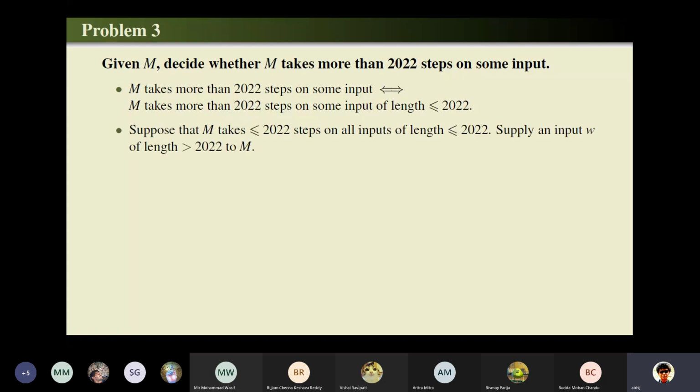Suppose that M takes less than or equal to 2022 steps on all inputs of length less than or equal to 2022, then supply an input W of length greater than 2022.